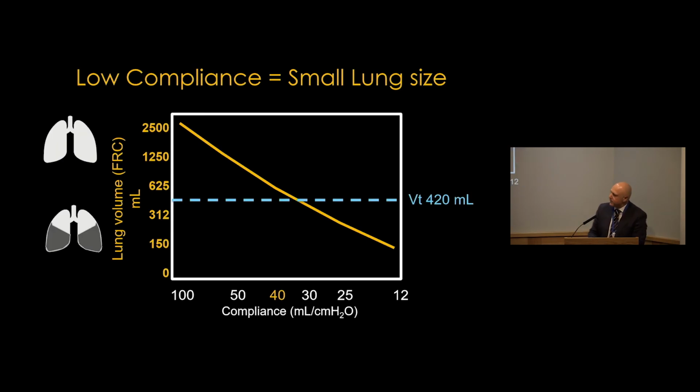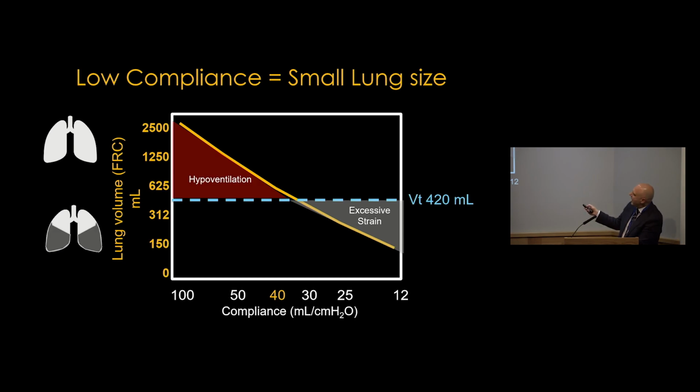So the idea is this: if you think that lung volume is essentially related in some way to compliance, so higher compliance here means higher FRC, and you give the same tidal volume to everybody regardless, you might find that some patients, particularly the ones with near normal lung compliance, might be hypoventilated, and some other patients might be excessively strained. And by doing mls per kilo of ideal body weight, we will never know.